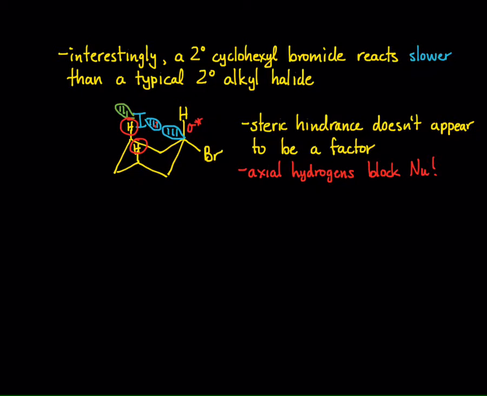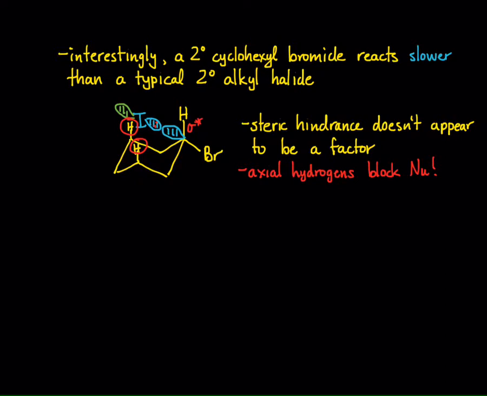And so this is why we can explain phenomena like that, which is kind of cool. When we see odd things happening, we should be able to explain them, looking at the geometry of any particular molecule. And so that shows you how the substrate can play a role in SN2 substitution.